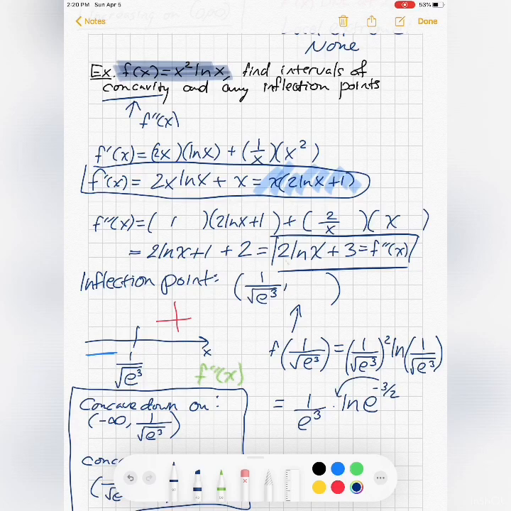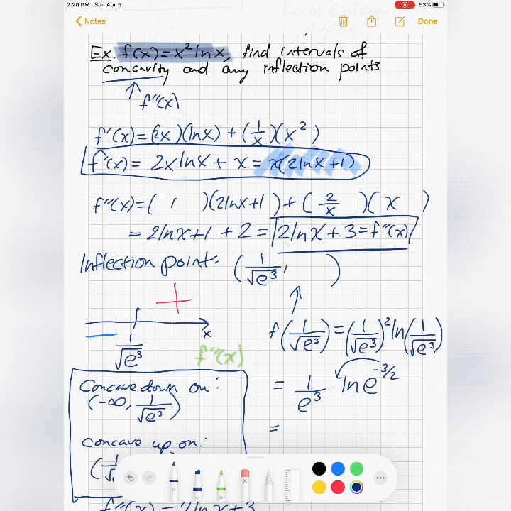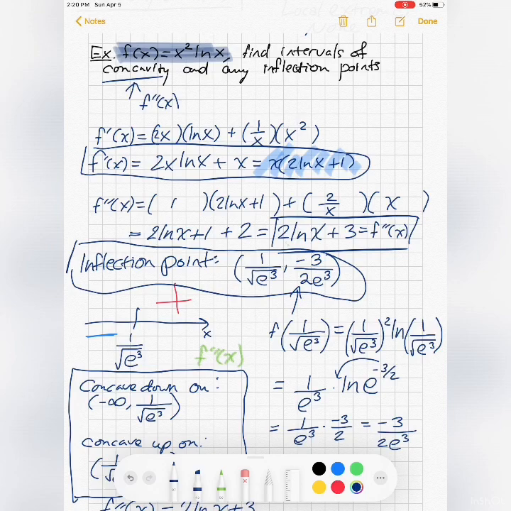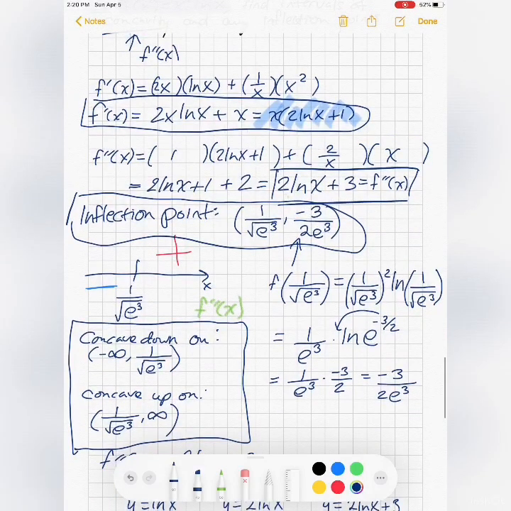This can come down. And then ln of e is 1, right? So that's kind of a long problem, huh? All right, so finally I have my inflection point. So I guess I have all the information.